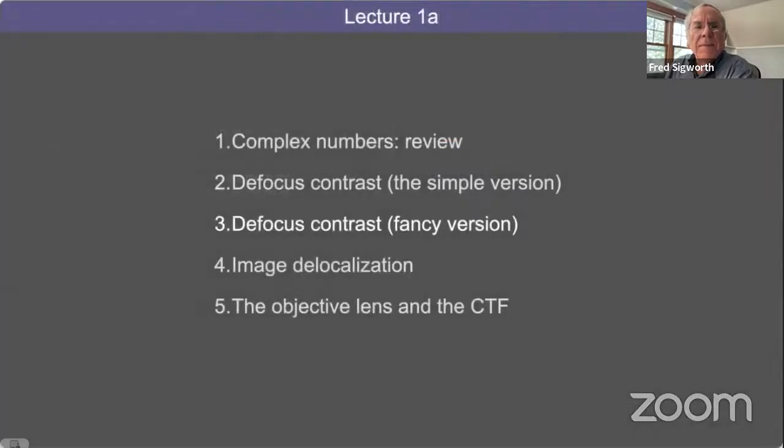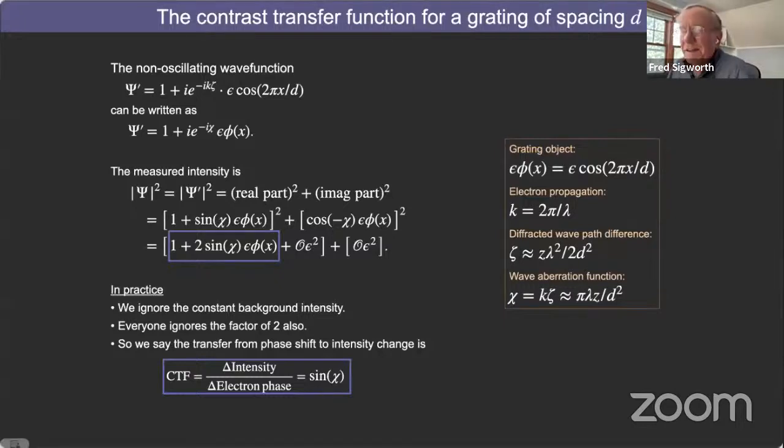Okay, so that's the simple version, and just for you math jocks, I wanted to put in the math of how the interference works. So here is our wave function, undiffracted and diffracted, and quantum mechanics tells us that the intensity is the magnitude squared of the wave function, and that's going to be the real part squared and the imaginary part squared.